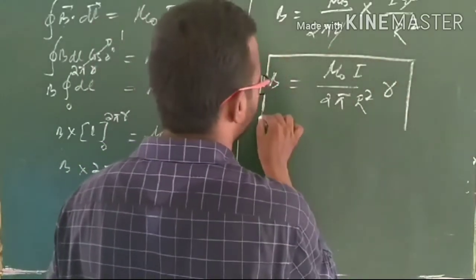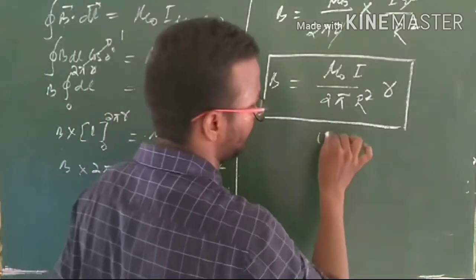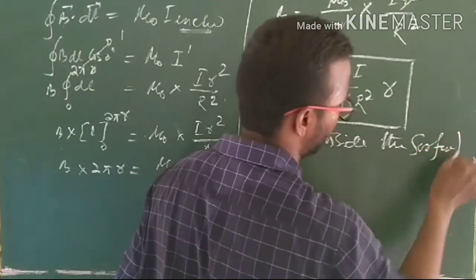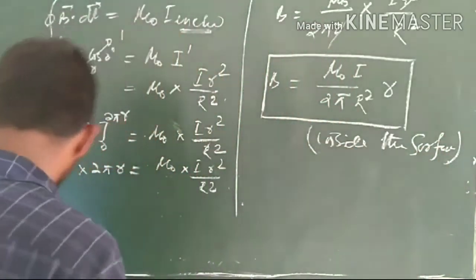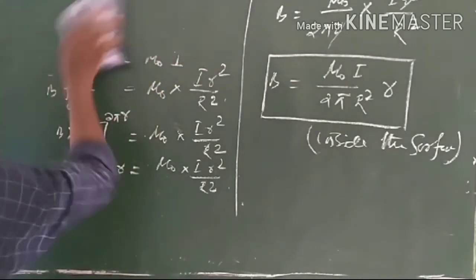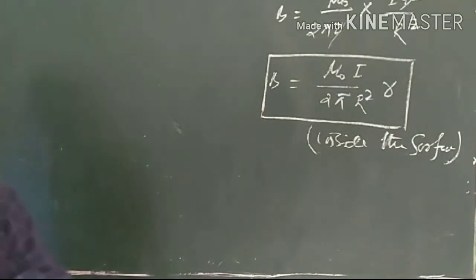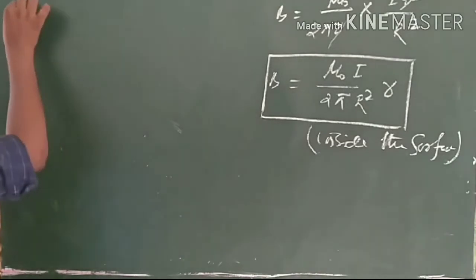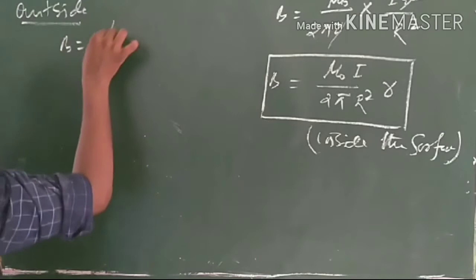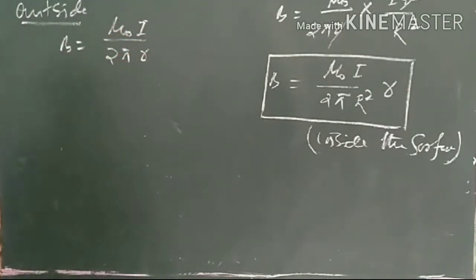This is the magnetic field strength inside the surface. So from this relation we conclude that the magnetic field for an outside point is B equals mu naught I by 2 pi r. Clear?